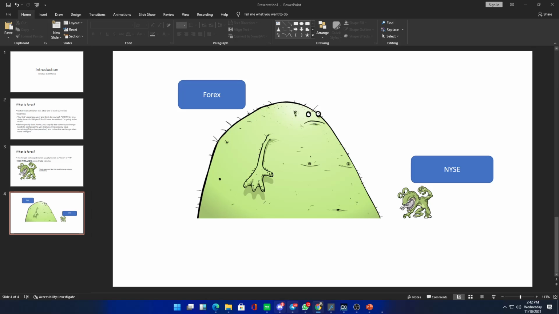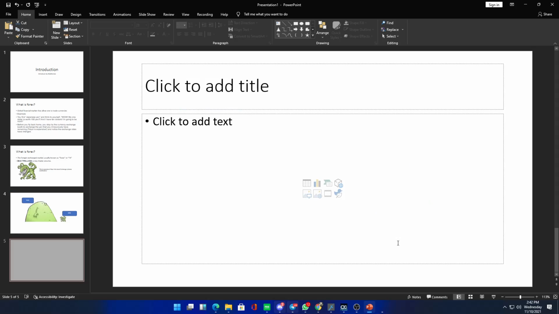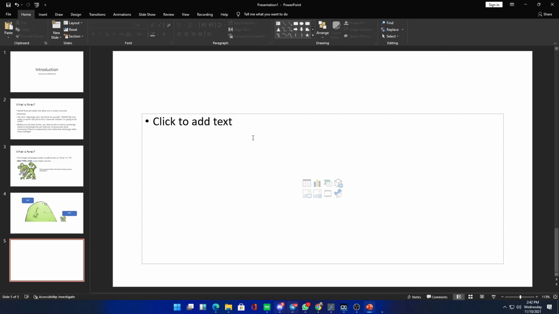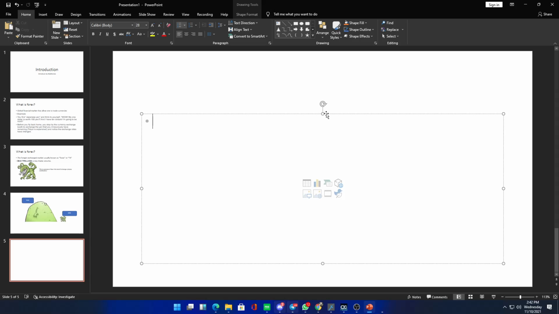So if I give an example to you, what is the comparison between the average daily trading volume of the forex market, the New York Stock Exchange, the Tokyo Stock Exchange, and the London Stock Exchange. I have another slide of this.